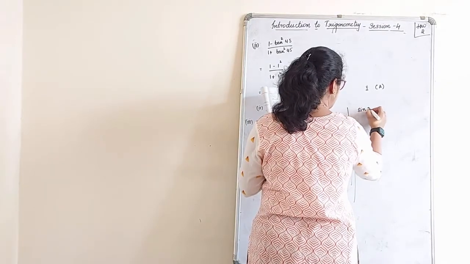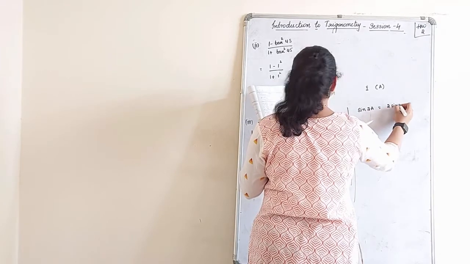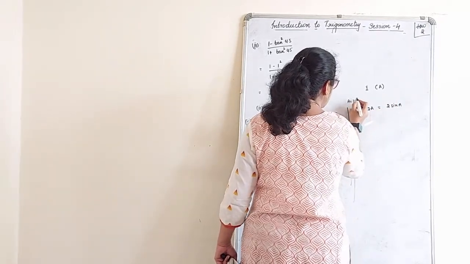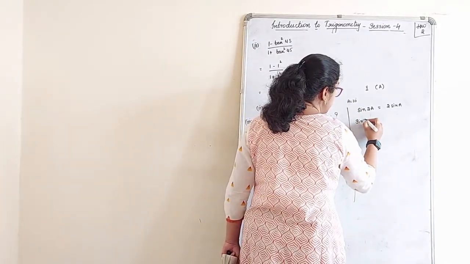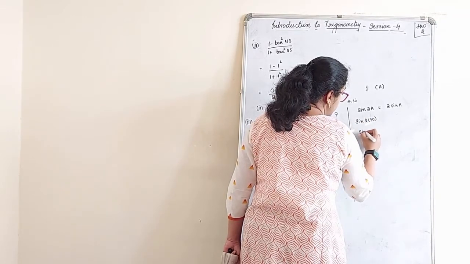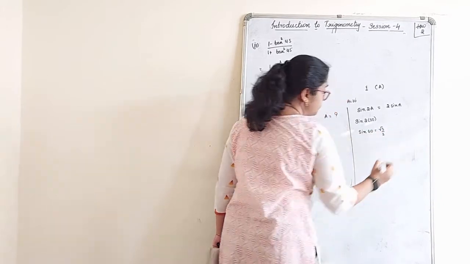I'll just repeat it once again with some other value which is not correct, but still you should know this multiplication type. Let me take 30. You need not work this out, it is just for your information. Just see here. Sine 2 into 30, so this will become sine 60, which is root 3 by 2. Okay.